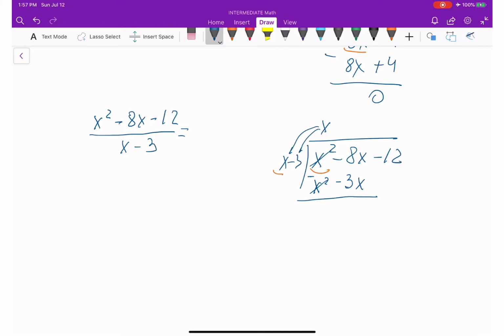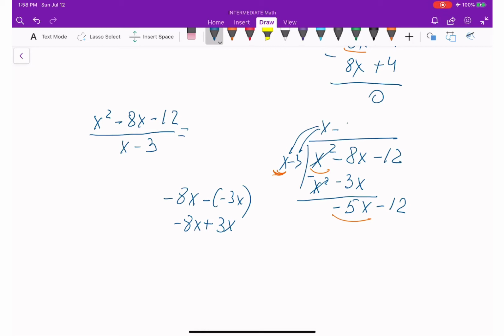So what we do here, negative 8x minus negative 3x. Let me do some drafting here. Negative 8x minus negative 3x. So we end up doing negative 8x plus 3x, right? Which will be negative 5x minus 12. Next, negative 5x divided by this x again. That will be how many times?